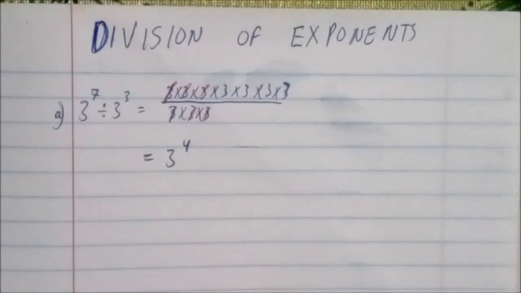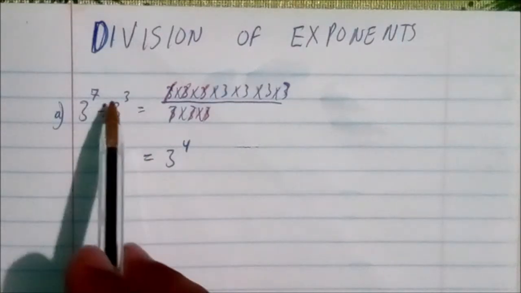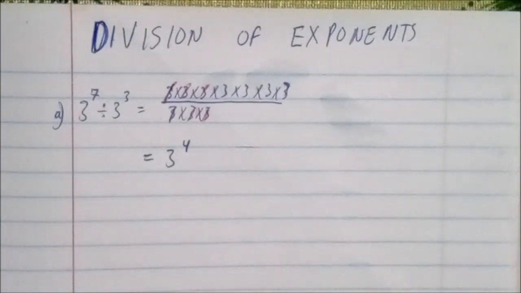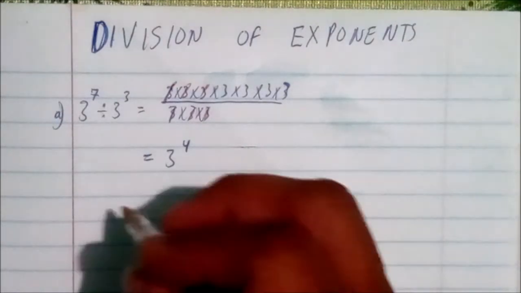Now, is there a rule for the division of exponents? A shorter way, because if we had a power of 100, we would not write that base that many times. So let's do this.